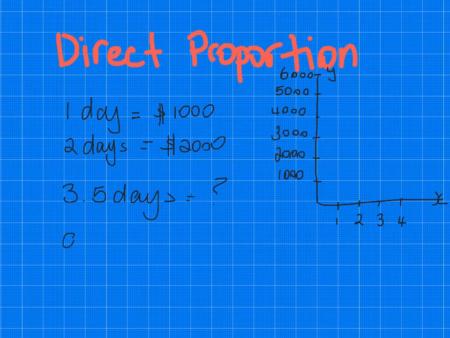So our gradient is $1,000 over 1 because it's 1 day. So I know that equals $1,000.